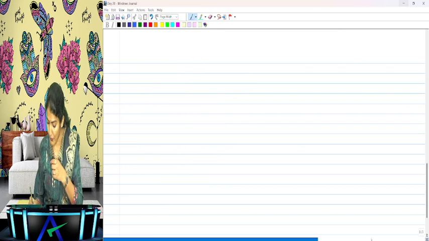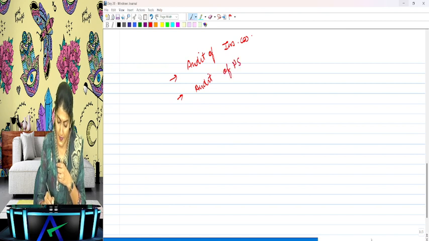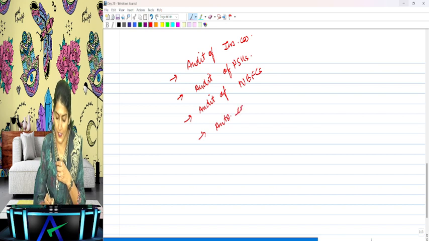So if we want to take stock of the situation, what are the chapters that we are left with? The audit of the insurance companies. Then after that, we need to study the audit of the public sector undertakings. Then we need to study the audit of the NBFCs, the non-banking financial companies, and then the special aspects of auditing in an automated environment, right?